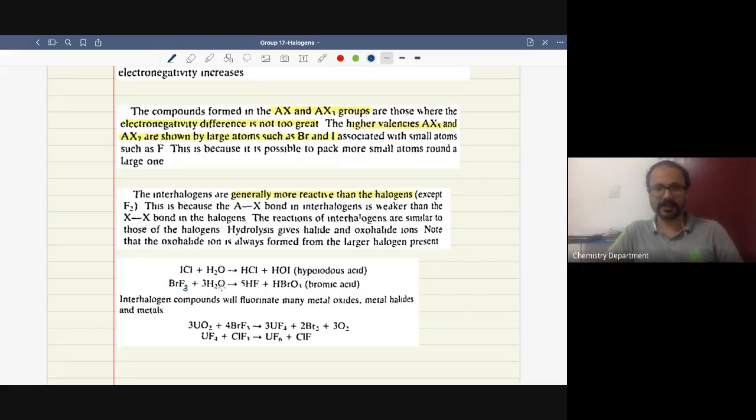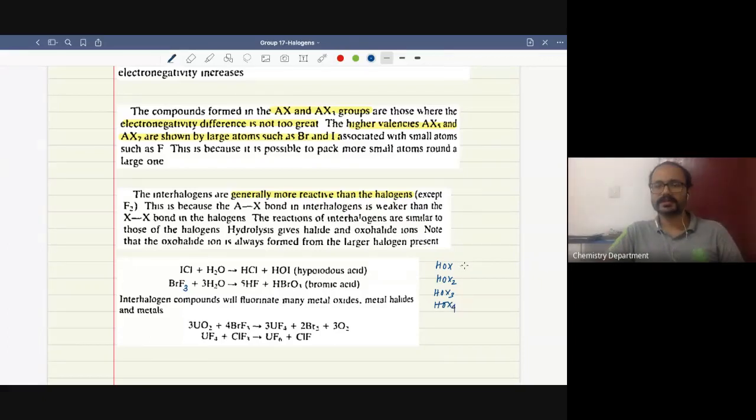The bromine, being positive, forms the other product, the oxyacid of halogen, that is bromic acid. Because if you remember, you have different oxyacids of halogens possible: HOX, HOX2, HOX3, HOX4.